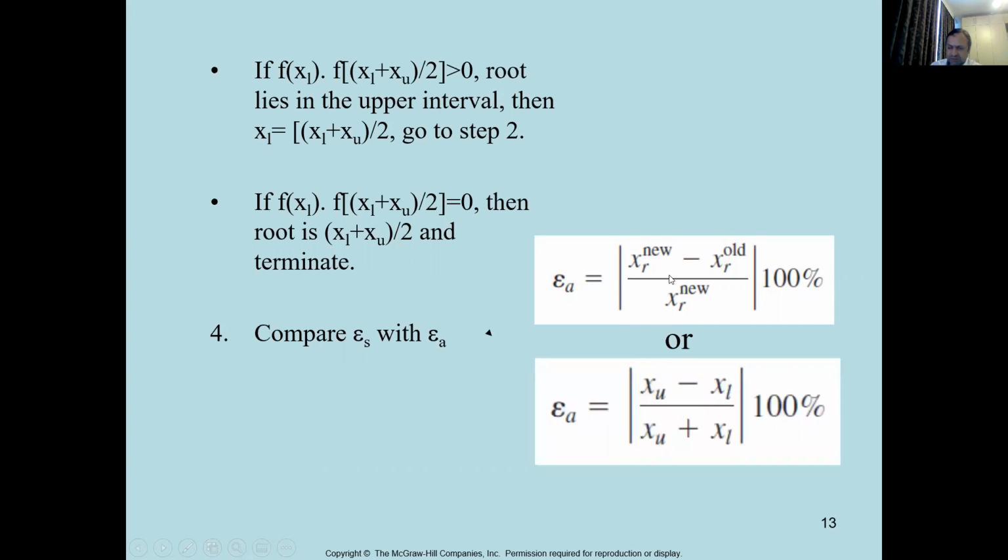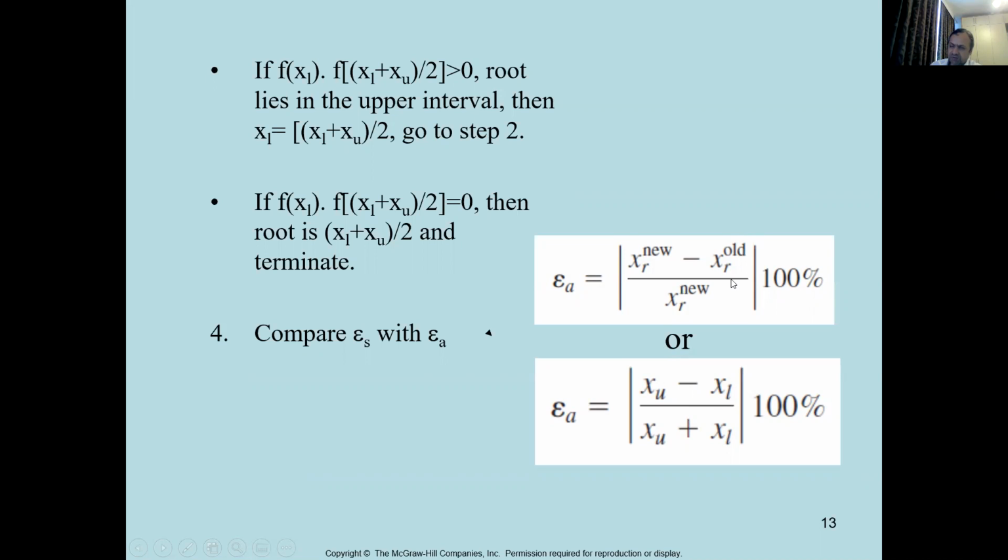This first formula is a general formula which is applicable to the bisection method as well as some other methods, such as the false position method later on. Whereas this second formula is only for the bisection method. For the bisection method we can use either formula, but the advantage of the second formula is that you can find the percentage approximate error even for the first approximation.